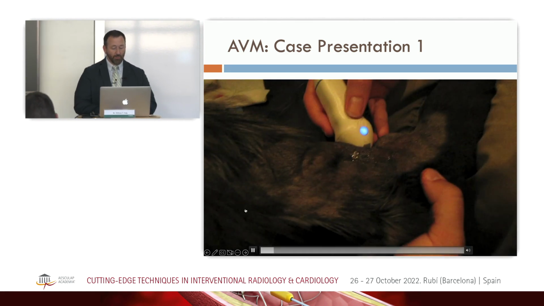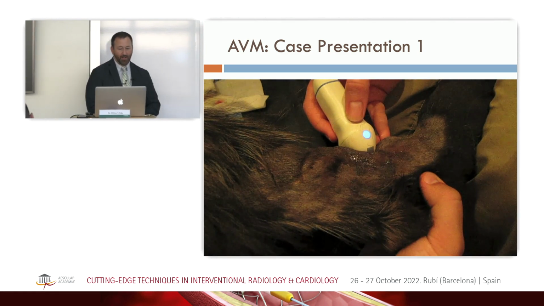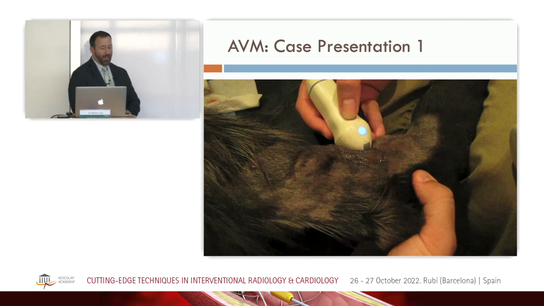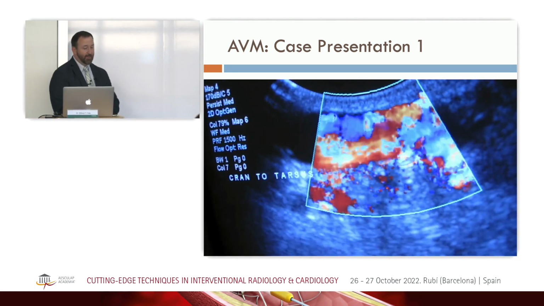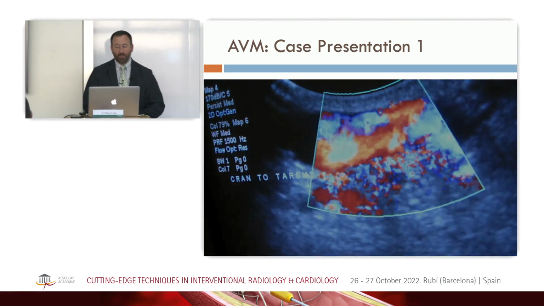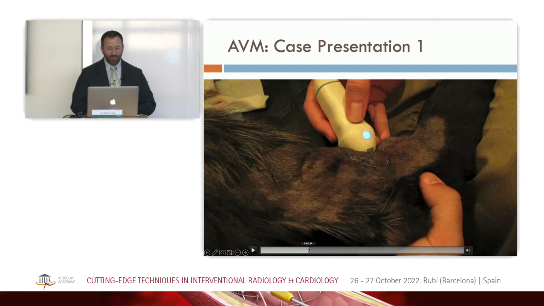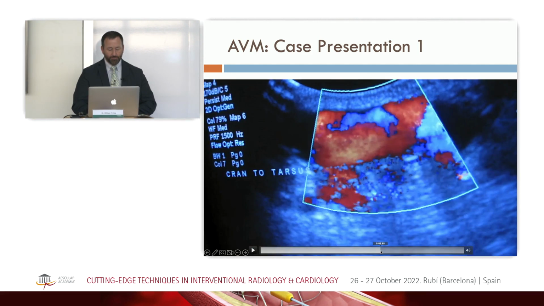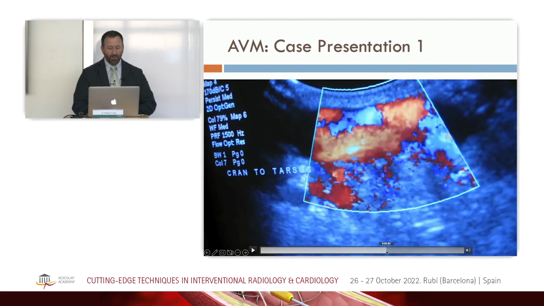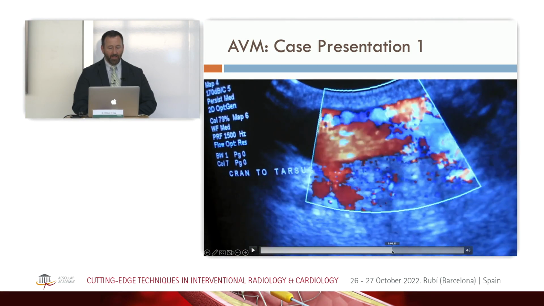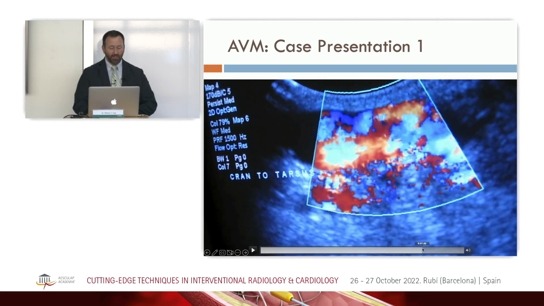And so Bear, we saw earlier, this is his ultrasound. The ultrasound right away kind of gives it away that this is some sort of vascular malformation. Something looks very abnormal here. When you watch this go, you can see that there is a lot of mixing of artery and vein blood here, and it's a very abnormal grouping of blood vessels in that region.